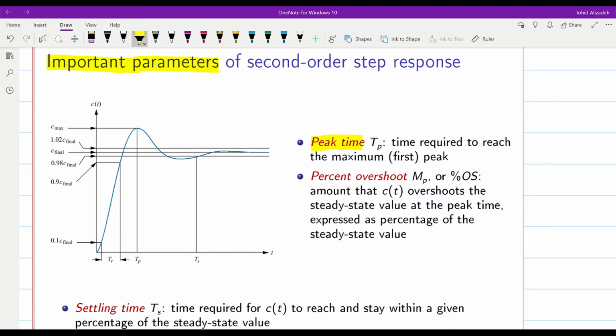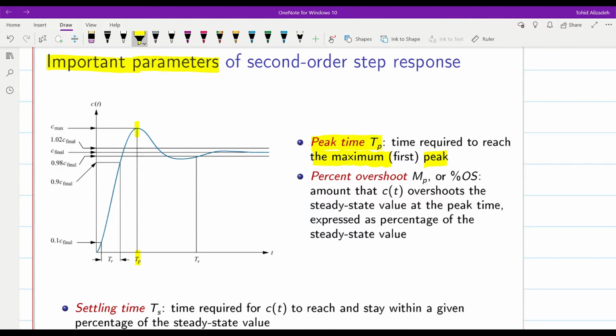The first one to define is called the peak time. The peak time, which is denoted as T_P, is the time required to reach the maximum peak, the first peak in it, okay, which is shown over here.